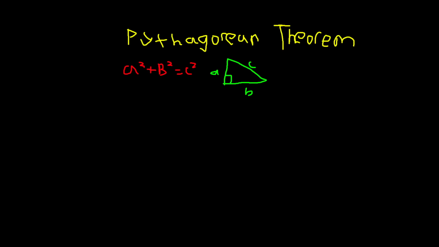So basically we're going to start with an example where we are given a right-angled triangle with the measures of one of the legs being 6, another being 8, and we are going to try to find the hypotenuse, which in this case is c.